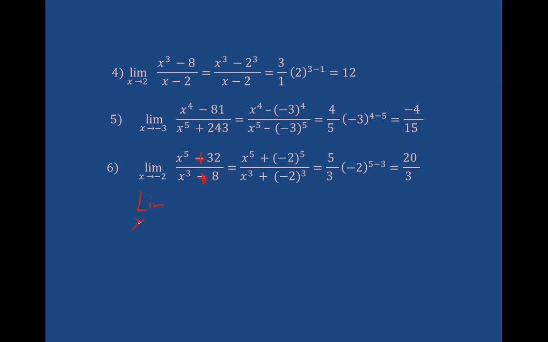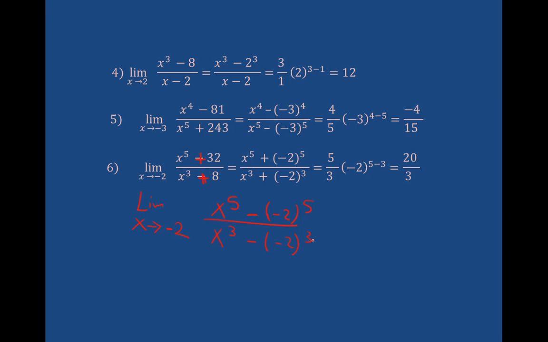Limit when x tends to negative 2 of x power 5. The sign should be negative, and here is negative 2 power 5. Negative 2 power 5 equals negative 32, and negative 32 is positive 32 over x power 3 minus negative 2 power 3.